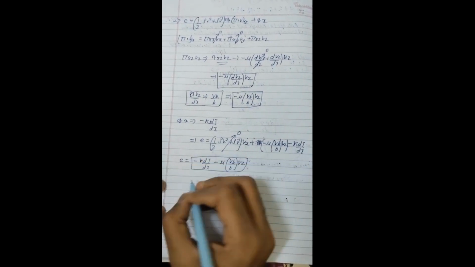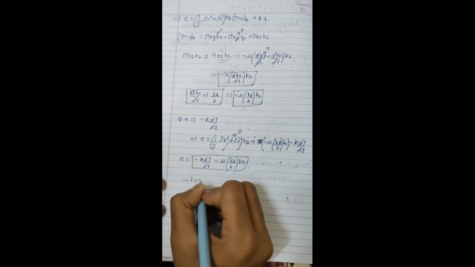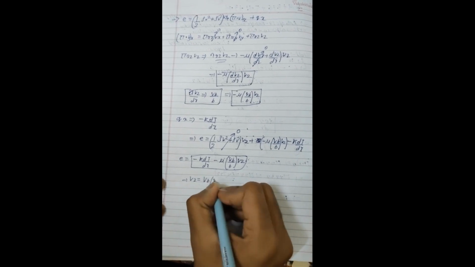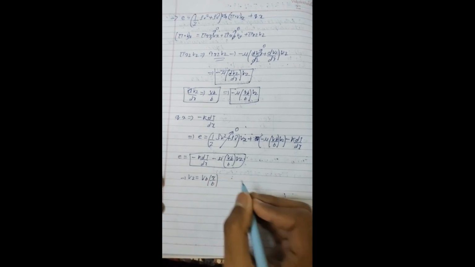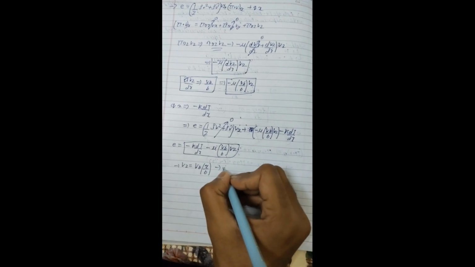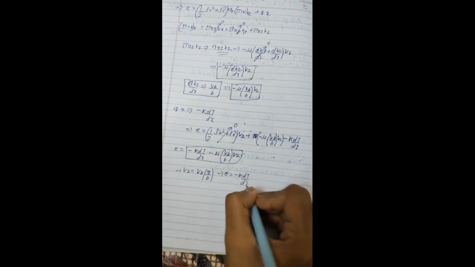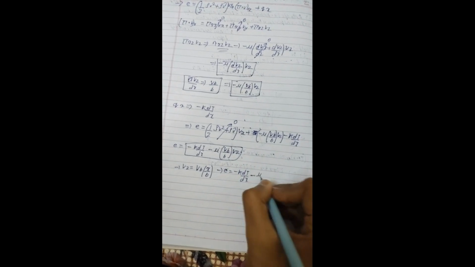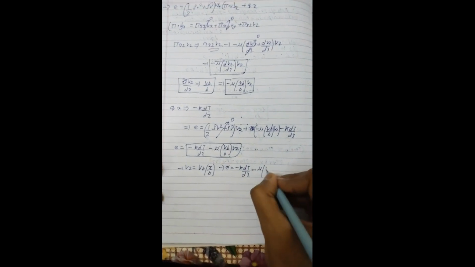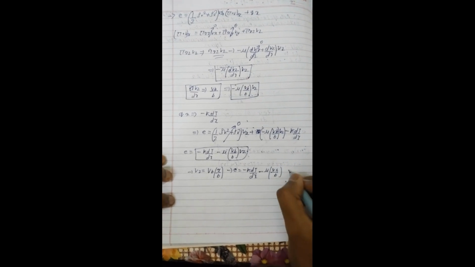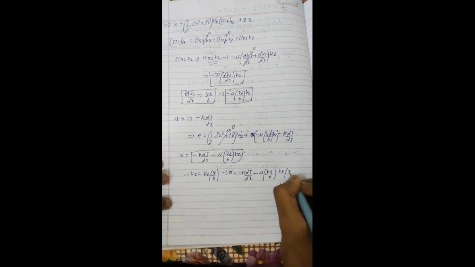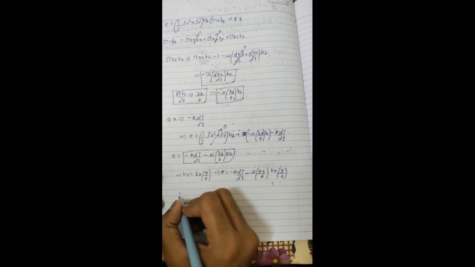Now we already know Vz is nothing but Vb into x by b, so we'll put the value of Vz here. So E is equal to minus k dT dx minus mu Vb by b, and Vz came out to be Vb x by b.